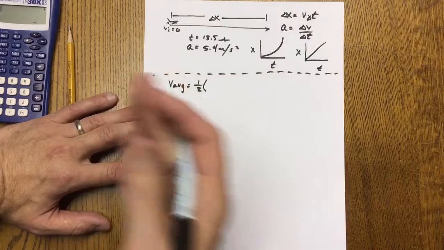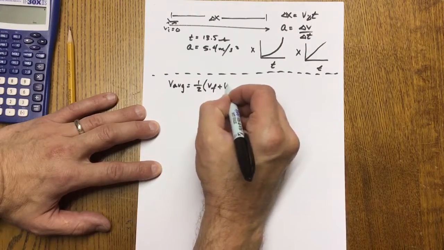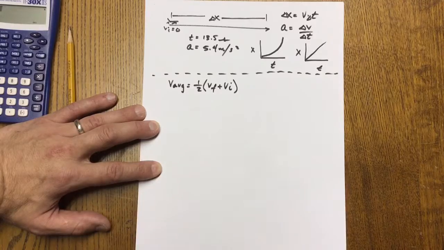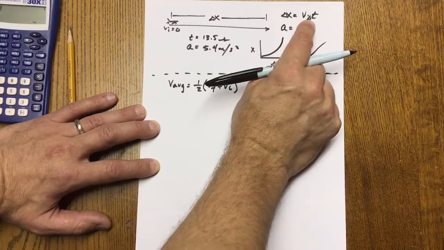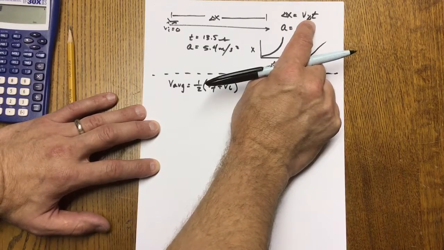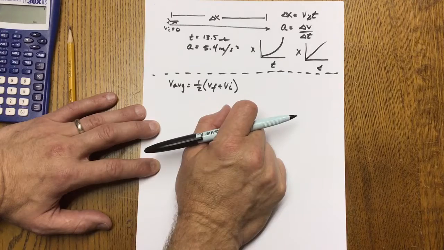So if there's 3 of them, you take 1/3 of that. If there's 2 of them, you're going to take 1/2. So we'll take an average of those 2 velocities, of the final and initial velocities, and that will give us an average. Now, if we were to solve it that way, yes, it could work. Using the average velocity times the time, we get half of that value we'd otherwise get using those 2 equations.